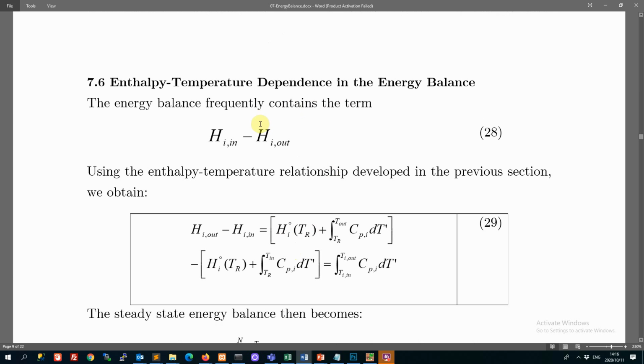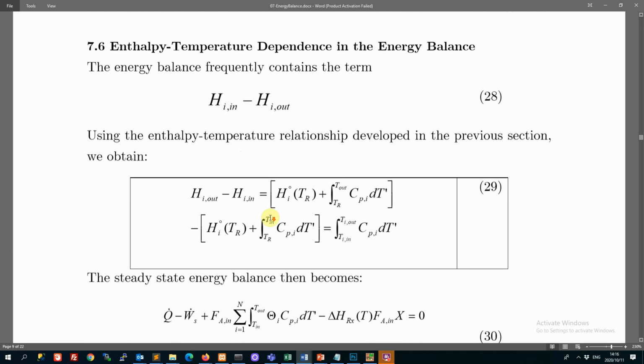Right, and here now we are thinking, what if there isn't a phase change, and what if it is fairly easy? Then our heat out is going to be the integral from the reference temperature to our exit temperature, minus H in. The enthalpy at the inlet will be the integral from the reference temperature up to the inlet temperature, and we are looking at the difference between those two values.